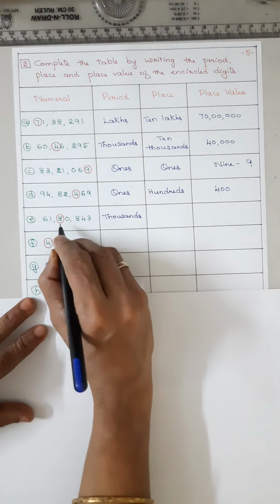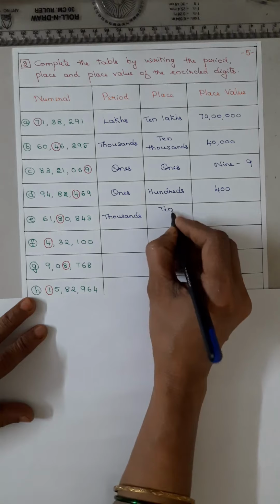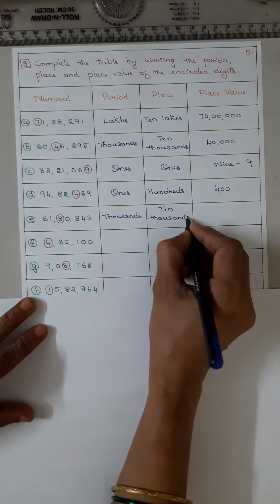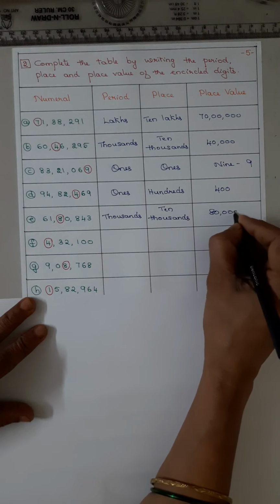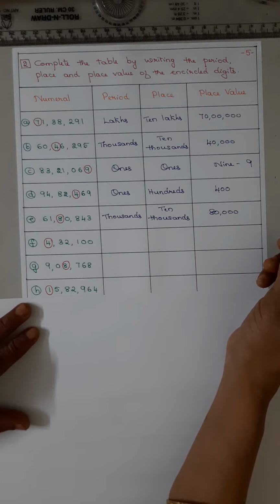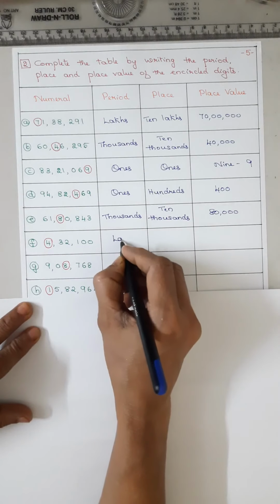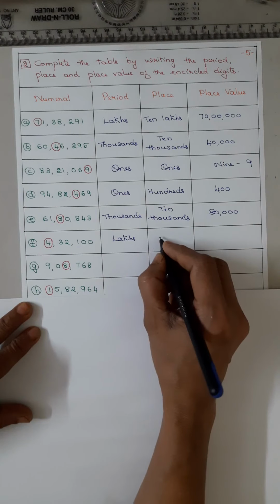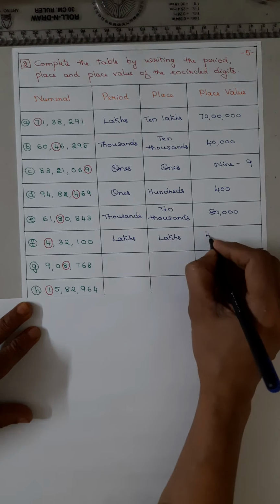Now place is 1000, 10,000, isn't it? And the place value 8 into 10,000, 80,000. Now question number F, ones, thousands, lakhs. And again the place will be lakhs and 4 into lakhs, 4 lakhs.